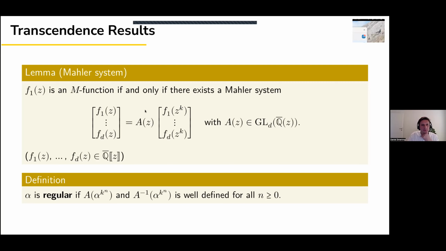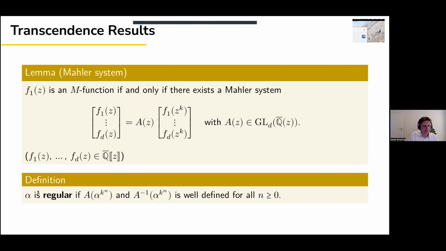And now we have finitely many such Mahler functions, f_1 through f_d, and an equation of the form that this vector of f_1 through f_d is related to the same vector where we substitute z raised to k for z by an invertible matrix over the rational function field over the algebraic numbers.